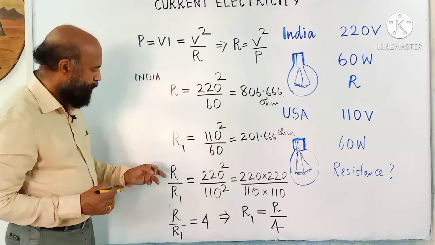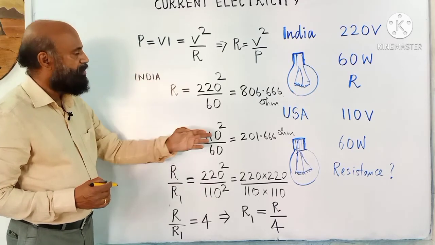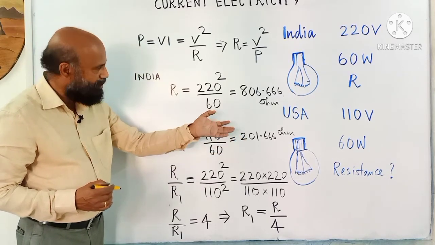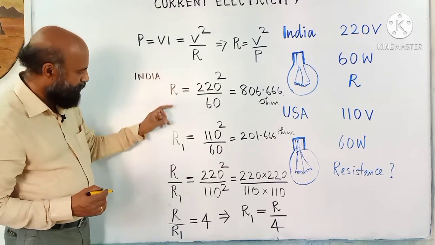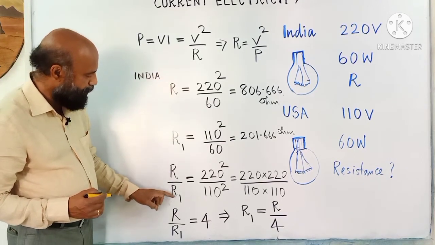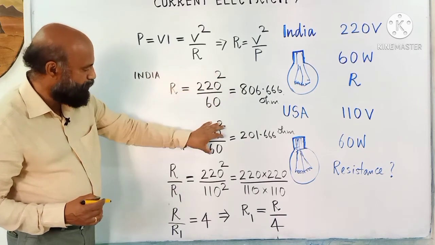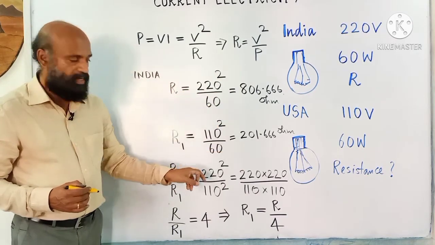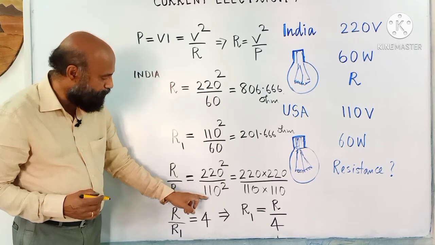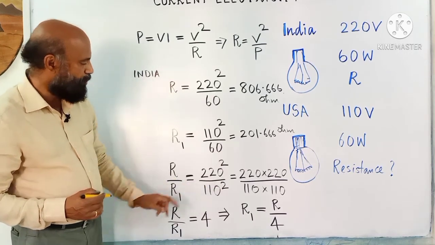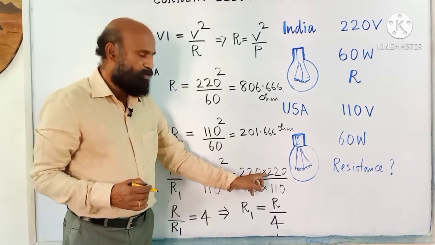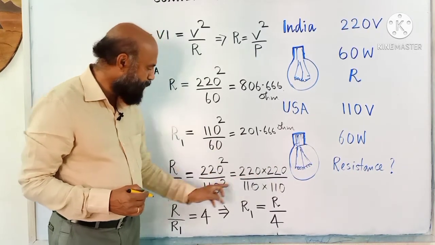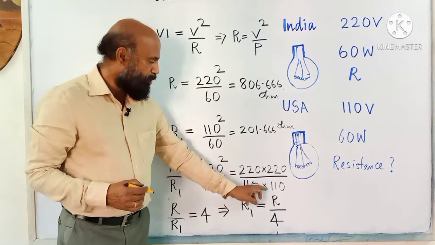So in USA, resistance will be 4 times less. Now you divide this equation by this equation, R divided by R1. When we divide, 60 will get cancelled. So 220 square divided by 110 square. So 220 into 220 divided by 110 into 110.